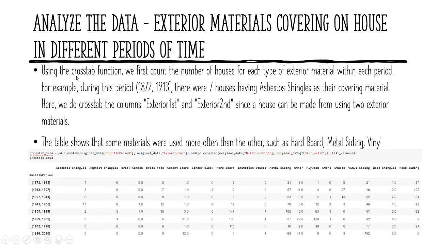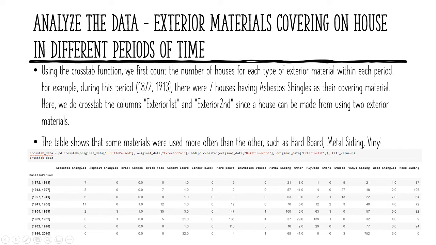Next, the final analysis we look at is the trend of using exterior materials covering on houses in different periods of time, whether the taste of choosing exterior materials covering on houses changes over time.